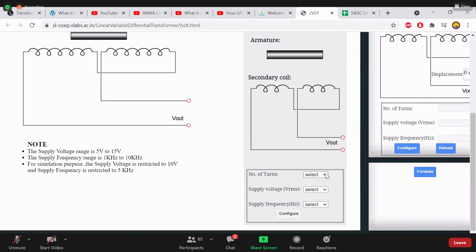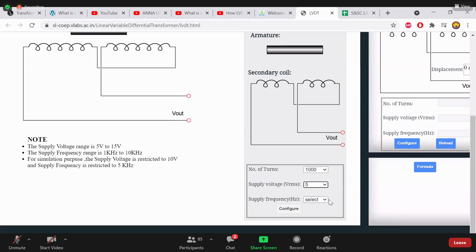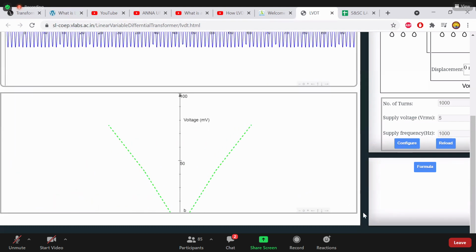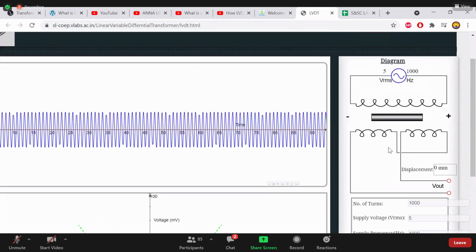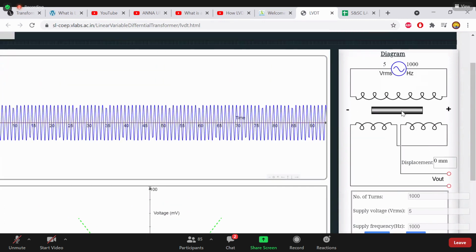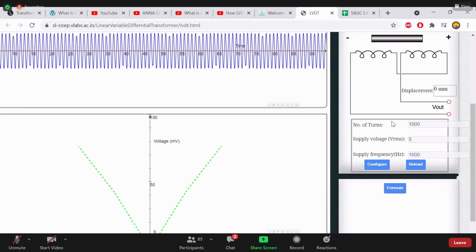Then we have options for selecting number of turns, voltage, frequency. So I have selected 10, 5, 10. Then you have to press configure. So this is our LVDT now with the given specifications.